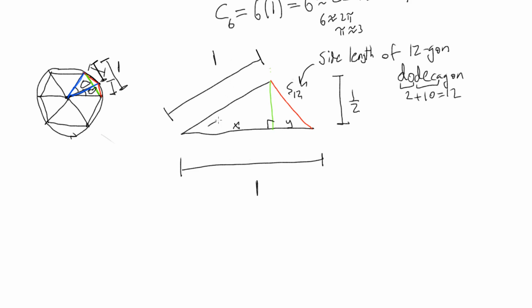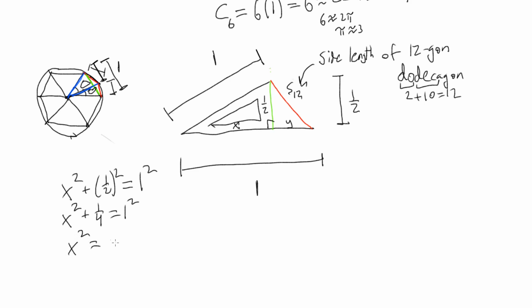So if I look at this right triangle here, I can use the Pythagorean Theorem, because we know that that side length is 1/2. And we get x squared plus 1/2 squared equals 1 squared. And so we get x squared plus 1/4 is 1 squared.